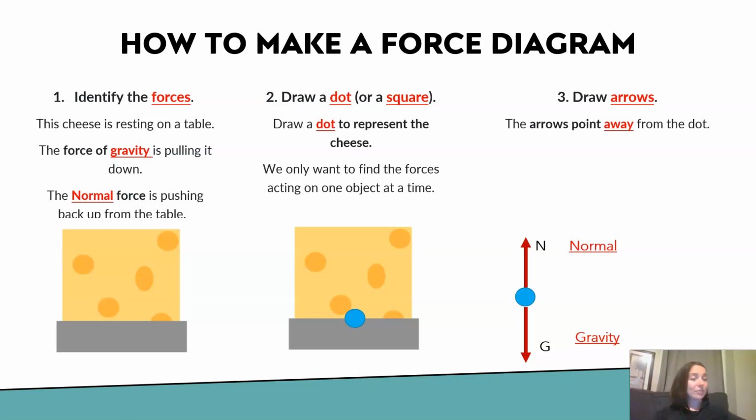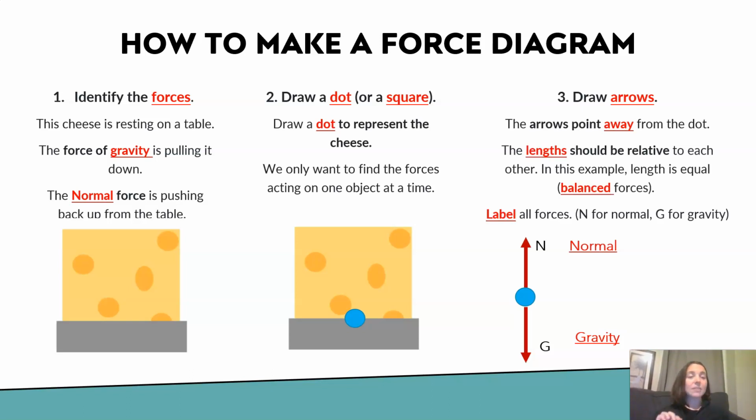Arrows point away from the dot, and the lengths should be relative to each other. This means if they are equal, the arrows should be equal length. If one force is stronger, that arrow should be longer. If one force is weaker, that arrow should be shorter.